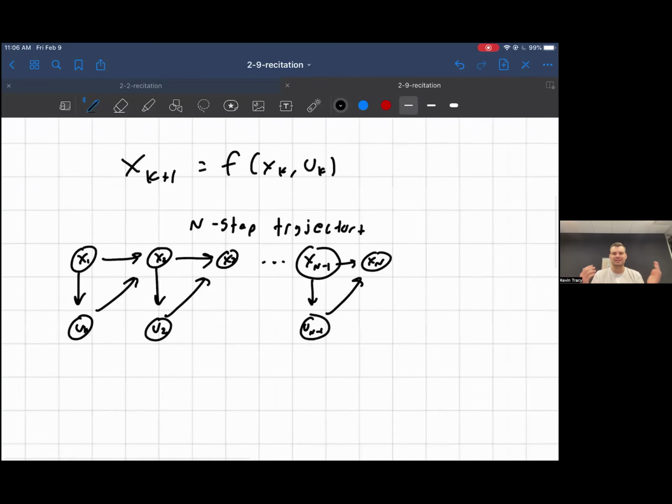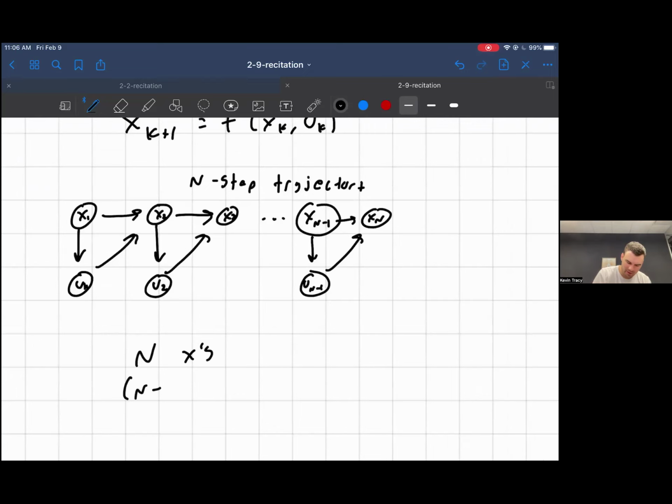So if I'm dealing with an n-step trajectory, really what I have is n x's and n minus 1 u's.